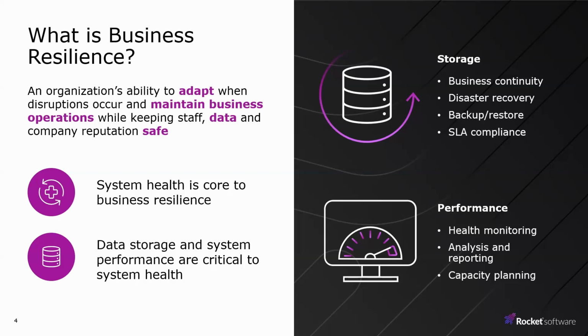Core to maintaining business resilience is the health of your system. When I say health of your system, I'm talking about your catalogs, if you have HSM, your HSM environment, all of that. Maintaining those healthy environments is really core to maintaining business resilience.